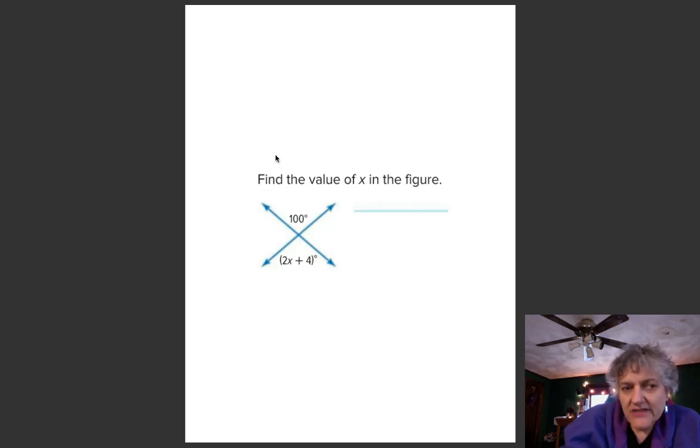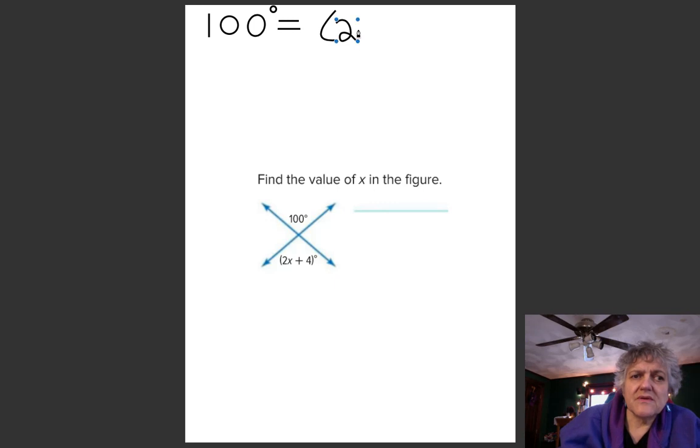So I'm going to write that down. That means that 100 degrees, I'll put the little degree sign up there, is equal to 2x plus the 4.